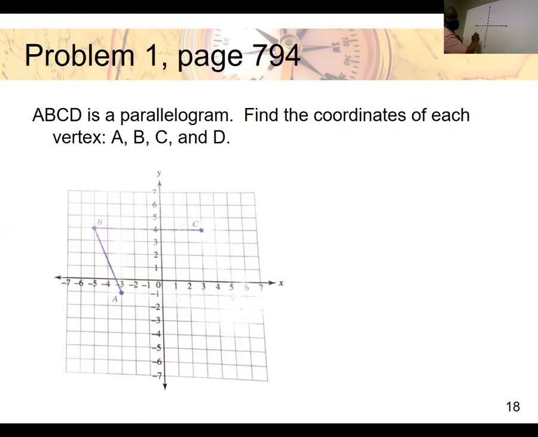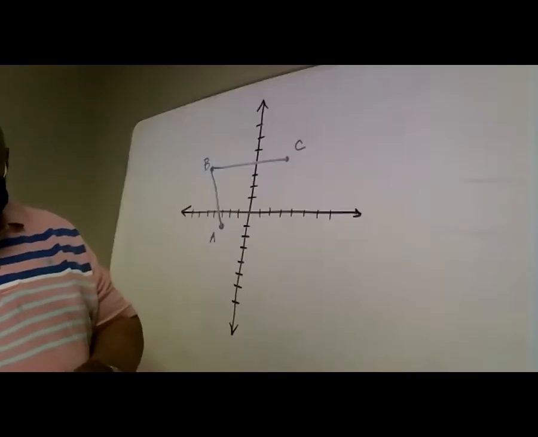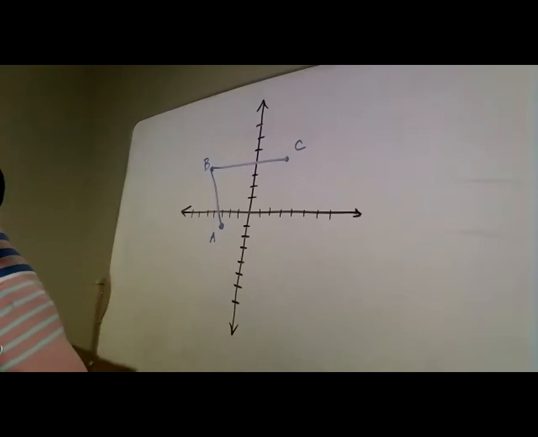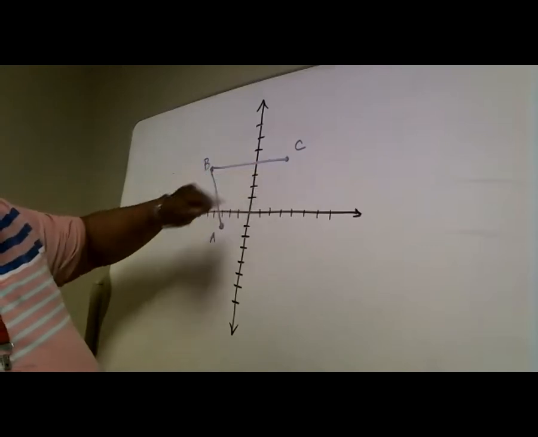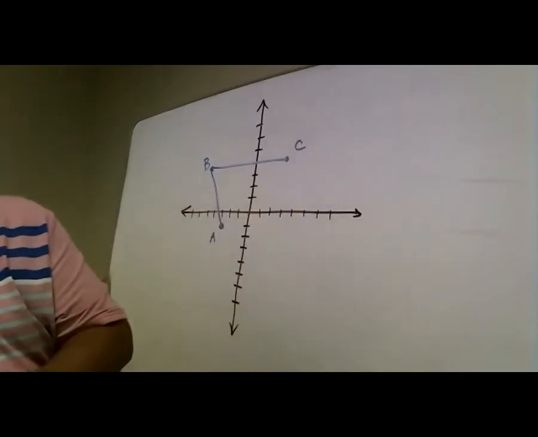So this is A, this is B, and then C. We need to find the ordered pairs for A, B, C, and then we need to find out what D is going to be.